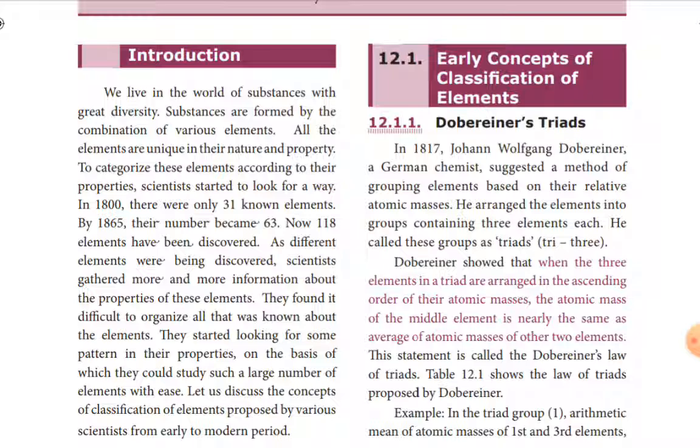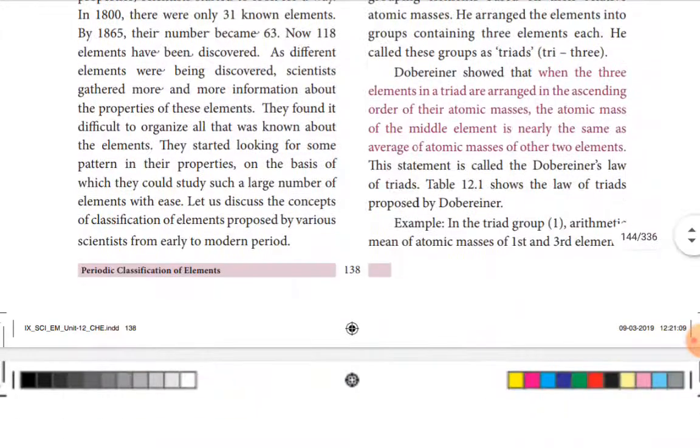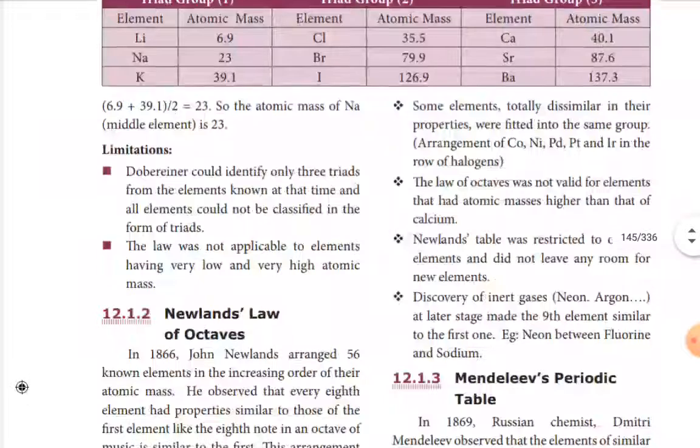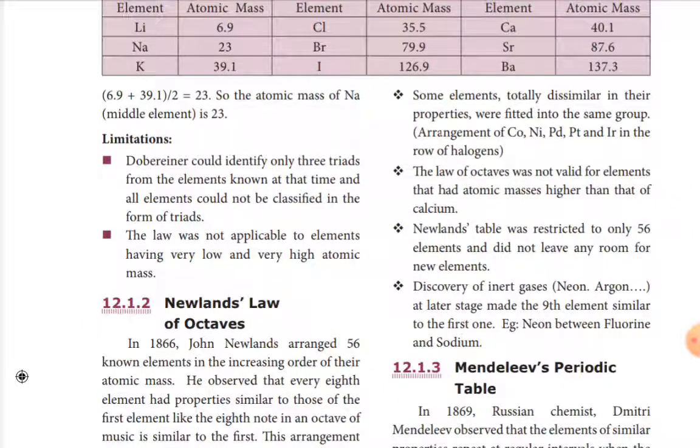The first scientist, in 1817, Johann Wolfgang Döbereiner, classified the elements in ascending order of atomic masses in groups of 3. So this is called Döbereiner triads.